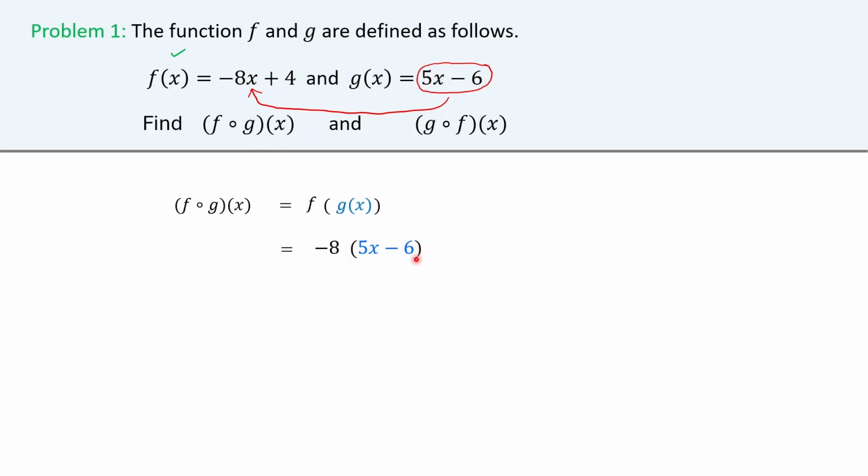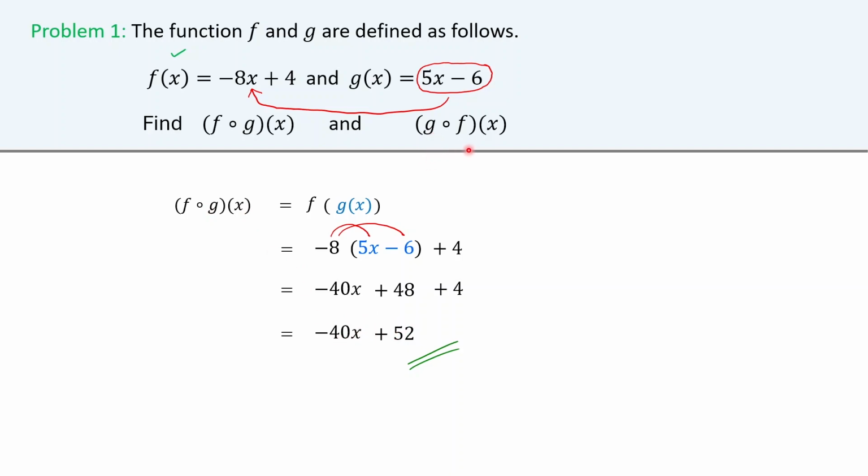You need to put parenthesis plus 4. Now simplify. Remove the parenthesis, negative 8 times 5x is negative 40x. Negative 8 times negative 6 is positive 48 plus 4 is equal to negative 40x. Positive 48 plus 4 is positive 52. This is the composite function.